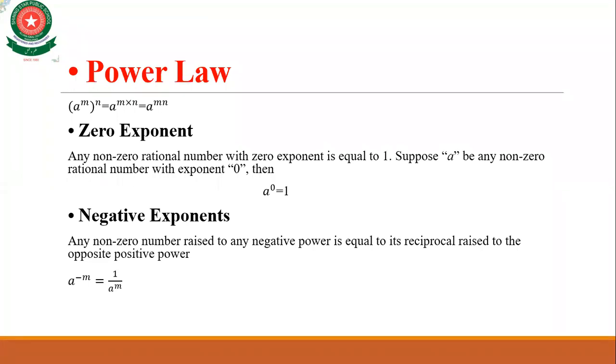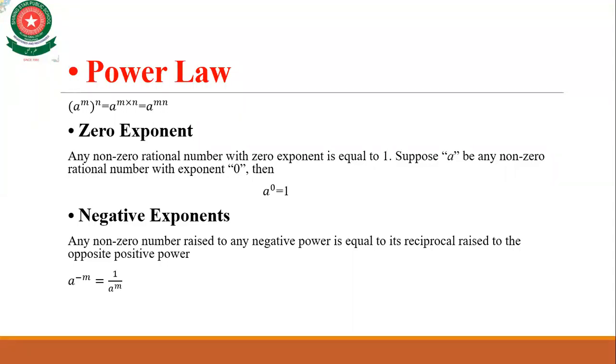Any non-zero number raised to any negative power is equal to its reciprocal raised to the opposite positive power. It means whenever we have a negative exponent, then we have to take its reciprocal.